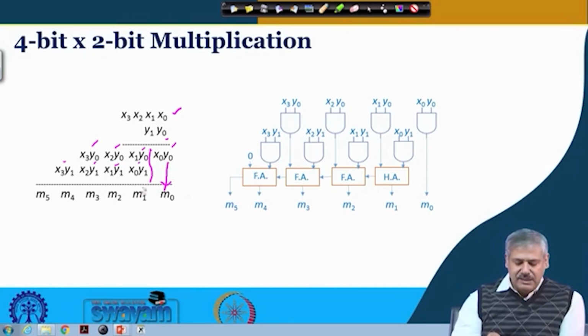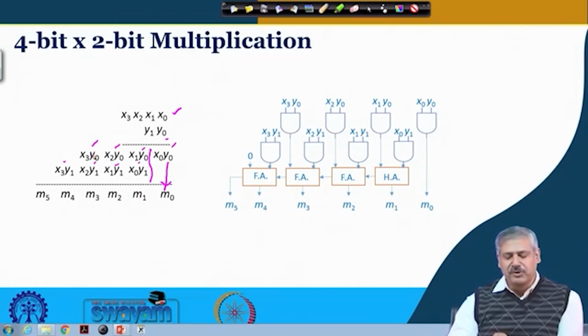And then this addition will come as m1 and there may be a carry and all those things will be happening. So, if you look at the corresponding circuit, one possible circuit, first a bank of 2 input AND gates. One input of it is y0, in every case you see y0, and the other input is x3 in the first case to x0 in the last case.